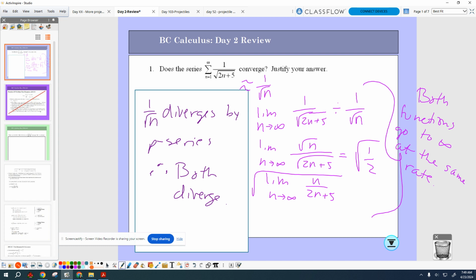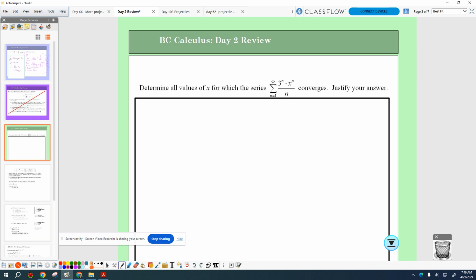We did this problem before. When it tells you to find all the values of x where this converges, what's the one test that you should jump to? Ratio test.